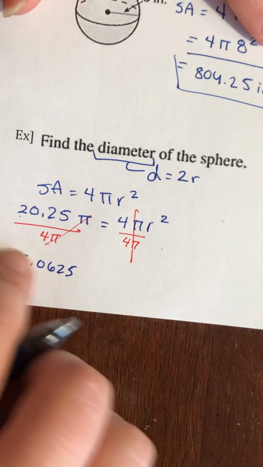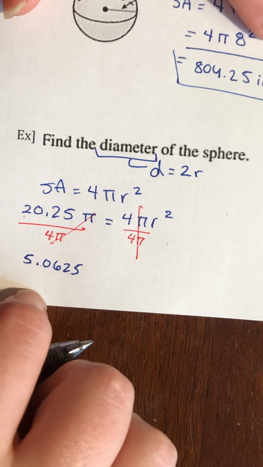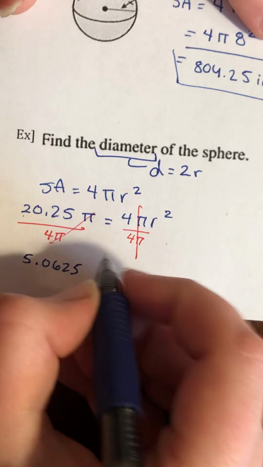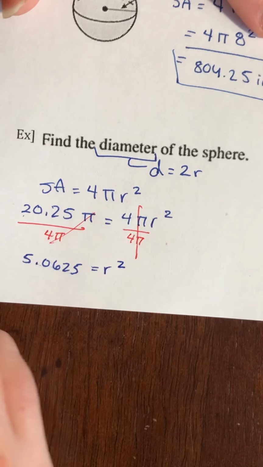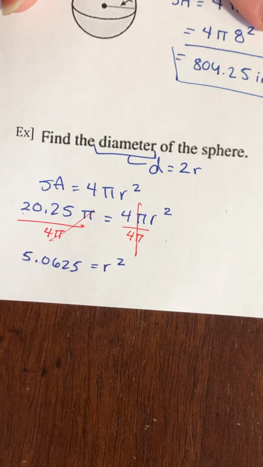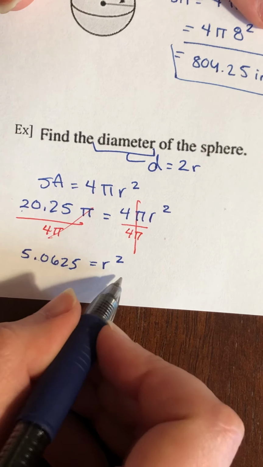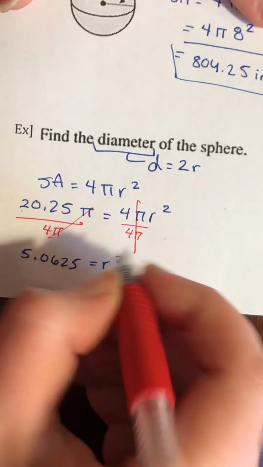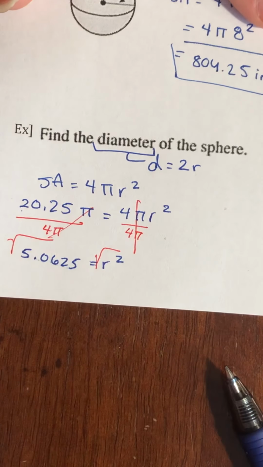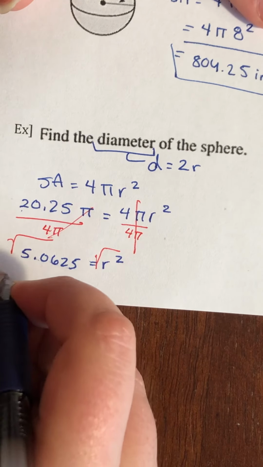The pi's cancel out, which is great, and you just have 20.25 divided by 4 is 5.0625. I'm putting so many decimals because that's exact. That's not going on forever. It stops right there. So how would you find r squared? Well, r squared is 5.0625. How would you find r? You would take the square root of both sides.